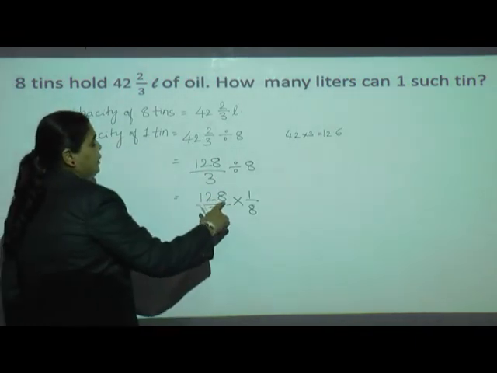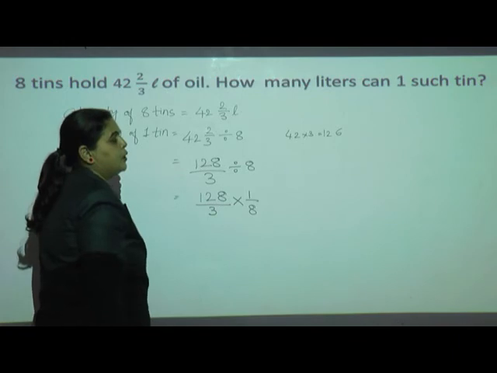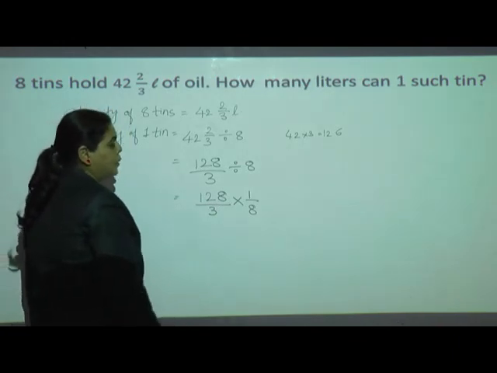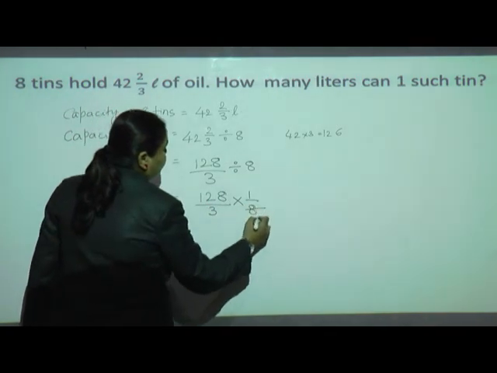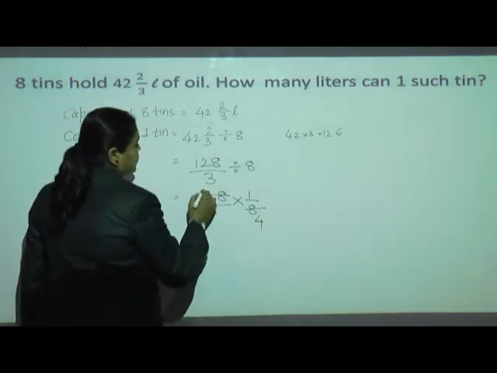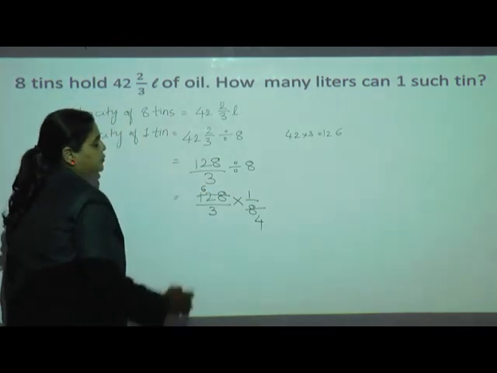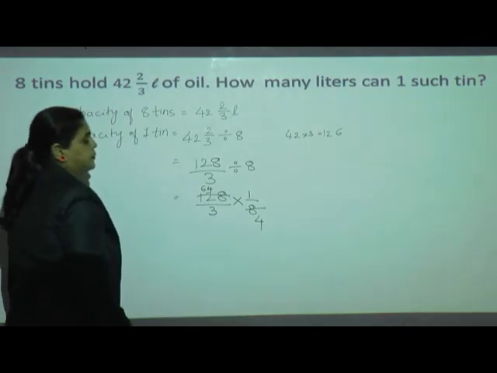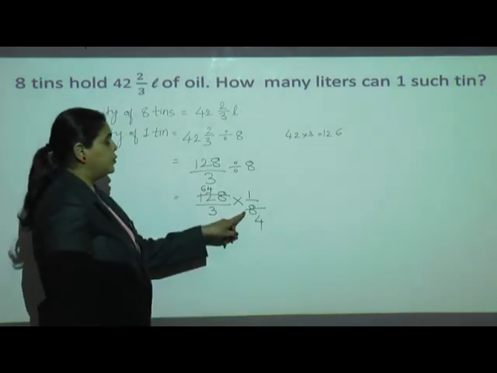We have an even number on both sides, so it is possible to reduce by 2, which will give remainder 0. So 2 fours are 8, 2 sixes are 12 and 2 fours are 8. Now we have reduced it by 2.